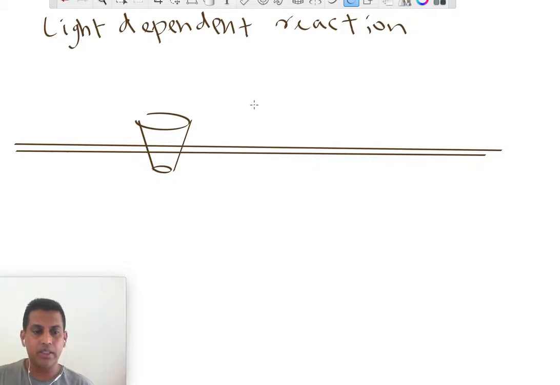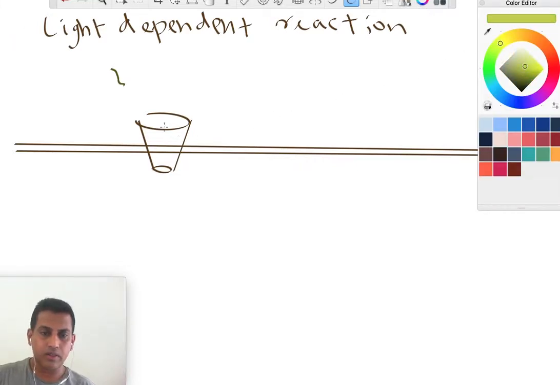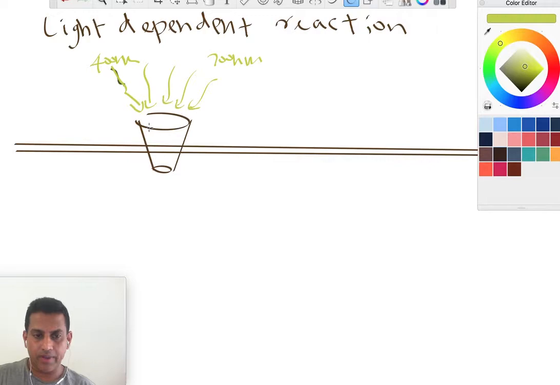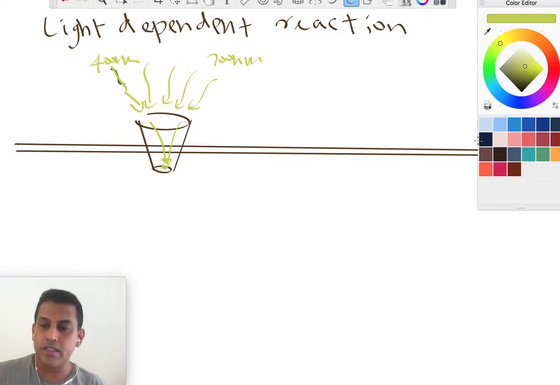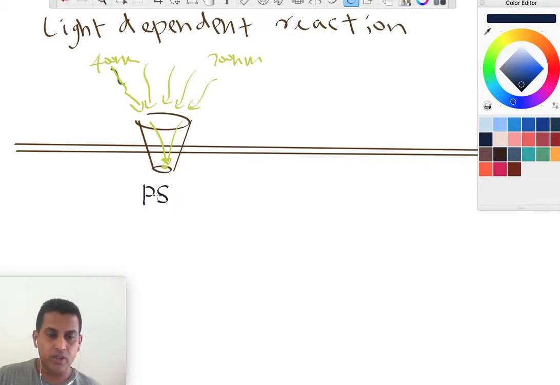Now what we have learned in the earlier video: the sunlight, over a wide range from 400 nanometer to 700 nanometer, is absorbed by the photosystem and then concentrated into the reaction center. That was the one we have learned from the previous video. So let's see, this photosystem is photosystem 2.